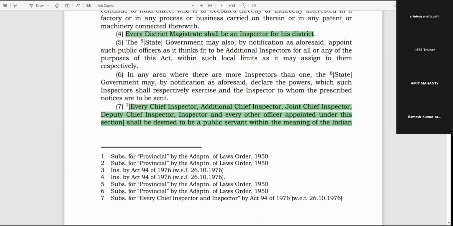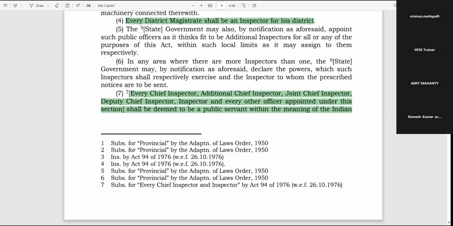So all these people, at additional, joint, deputy, chief or inspector level, inspector of factories, will also come for the inspection. If in any area there is more than one inspector, the state government may, by notification as aforesaid, declare the powers which such inspectors shall respectively exercise.